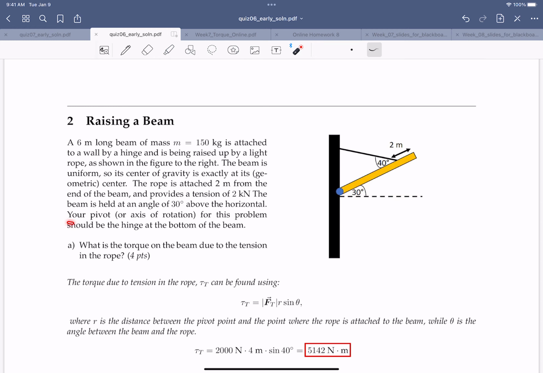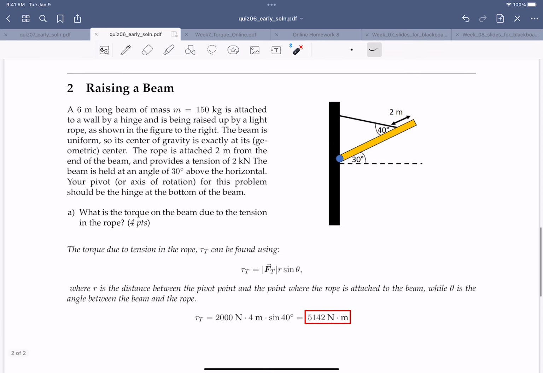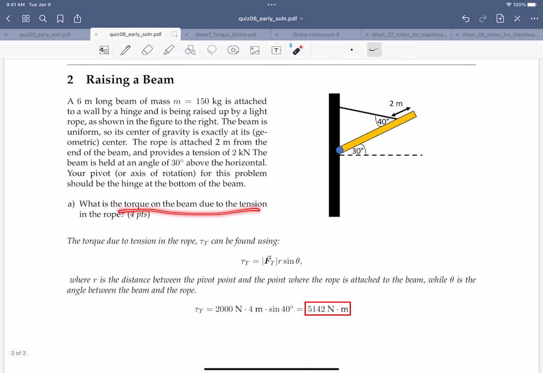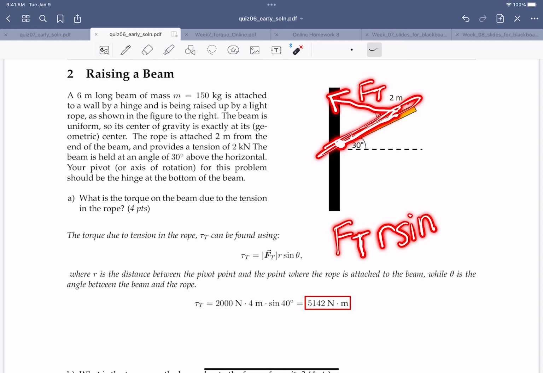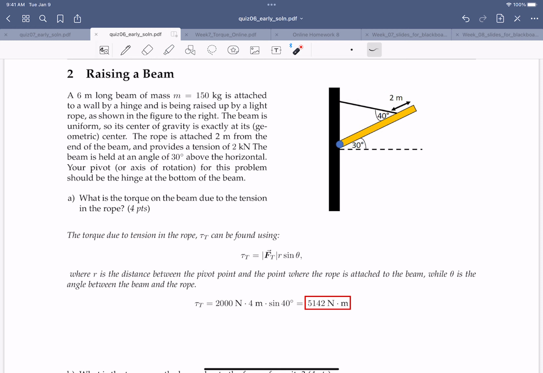And then your pivot or axis of rotation should be the hinge, right? So part A is asking us about the torque on the beam due to the tension of the rope. So torque due to the tension, basically. Well, we know that torque is F R sine phi, right? So we have force of tension that we know, which is 2 kilonewtons, and then its radius away from the hinge, which is 4 meters, and then times the angle that's sandwiched in between the force of tension right here and the radial line, which is that 40 degree angle, right?